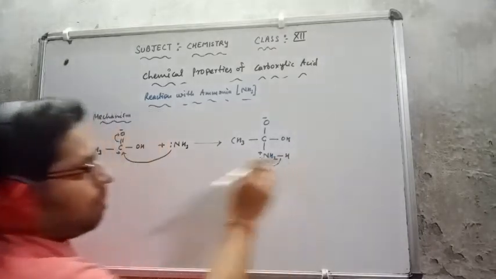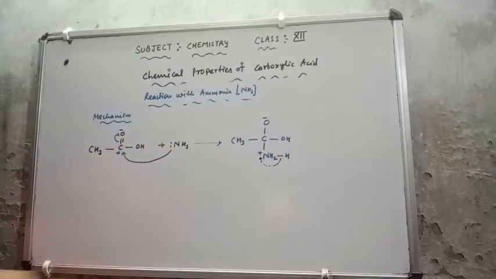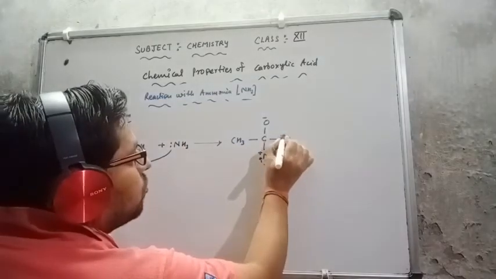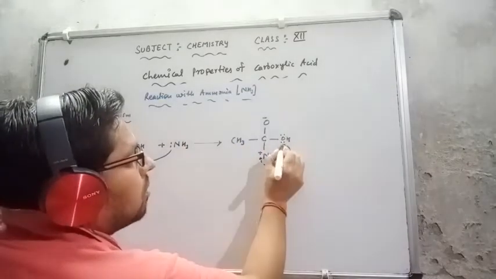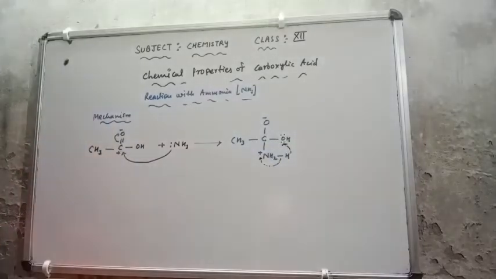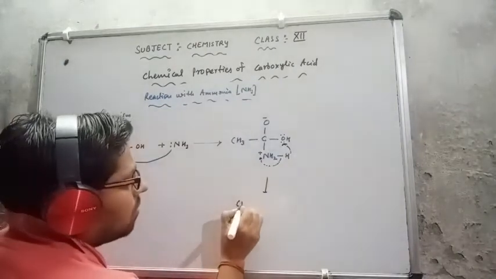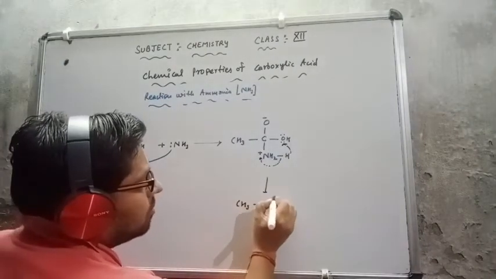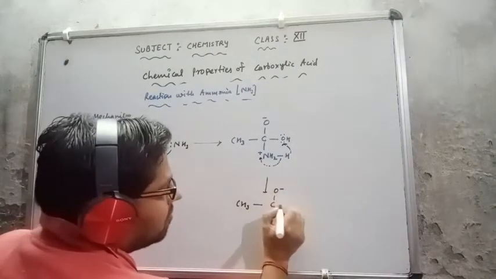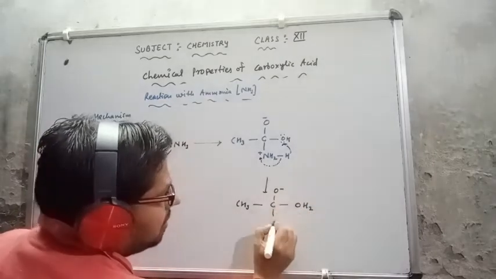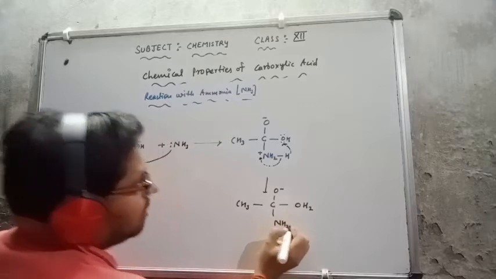So this hydrogen positive, meaning a proton, is released from here. This proton is going to attack this oxygen, which is more electronegative, so it will form CH3 single bond C single bond O with a negative charge, single bond OH2, and this is NH2.